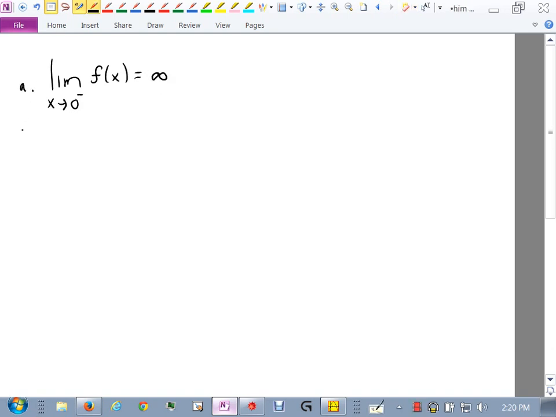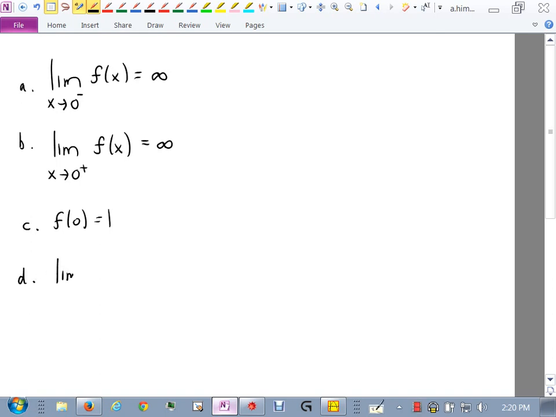That's condition A. Condition B, limit as x approaches 0 from the right of f of x must also be infinity. C, I give you that f of 0 must be 1.